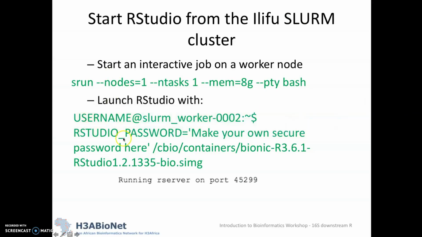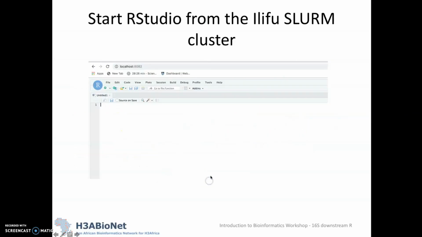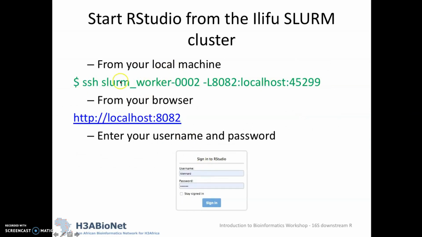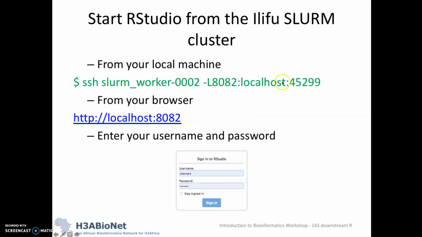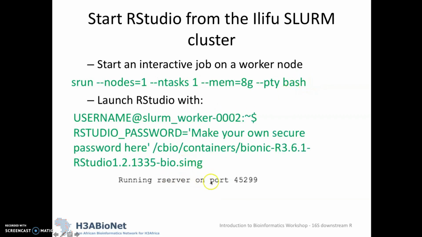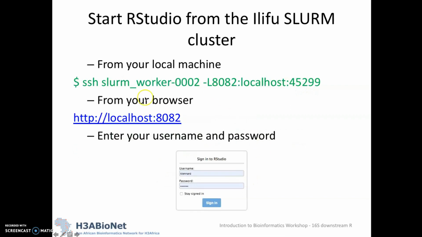So the next thing we're going to do is, from your local machine, SSH onto that worker node. It might be 0001, it might be 0002, and then you're going to specify that number that it said it's running on at the moment.